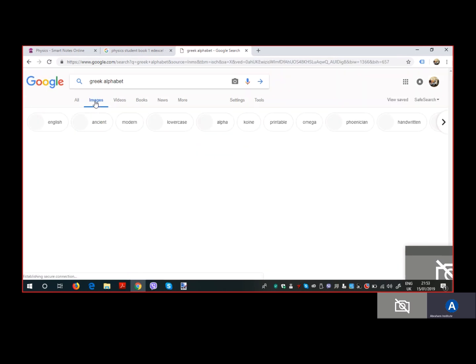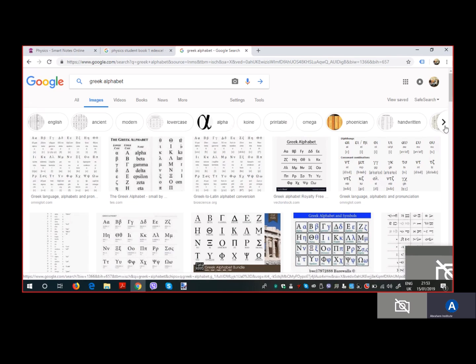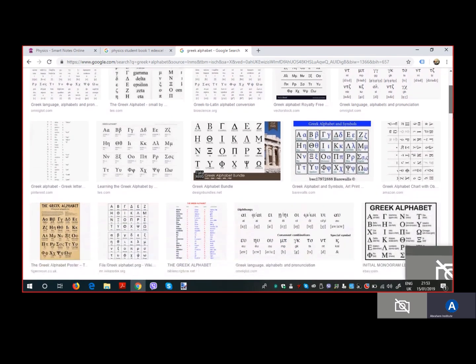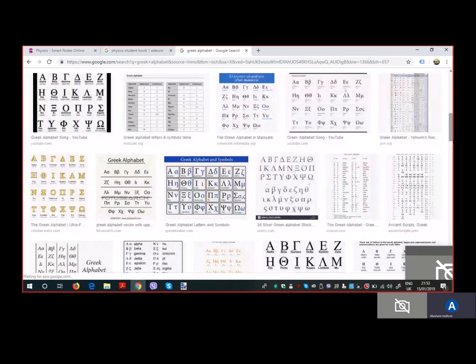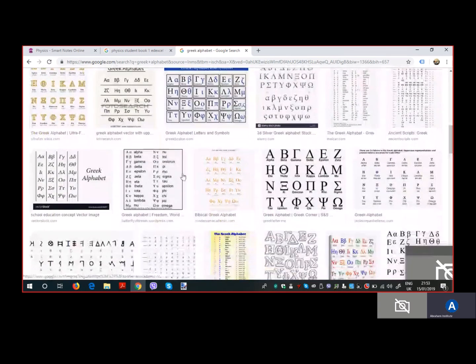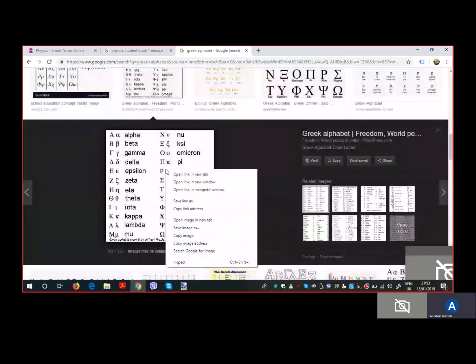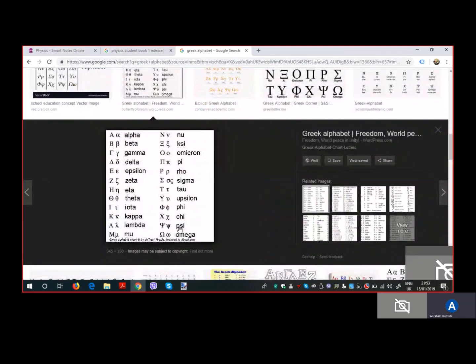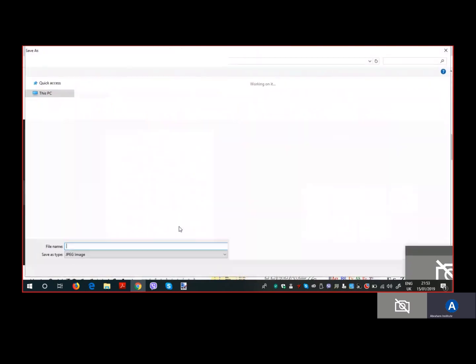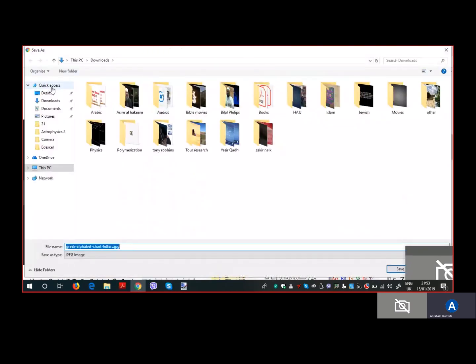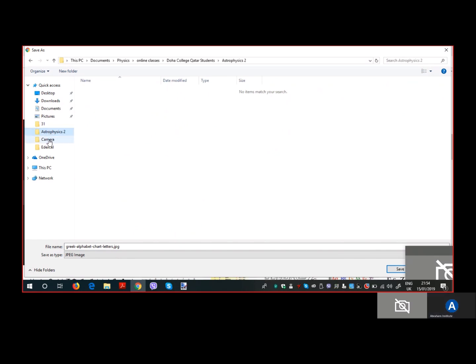I mean, almost all the Greek letters are used. So it's best if you are familiar with the Greek alphabet. You can download this alphabet here and you can study that one. I'll send you this link. That's better.